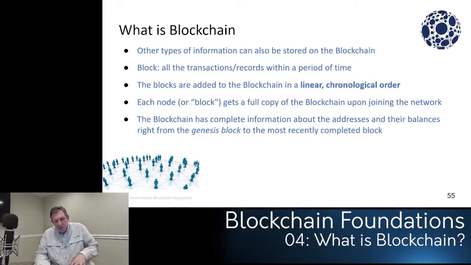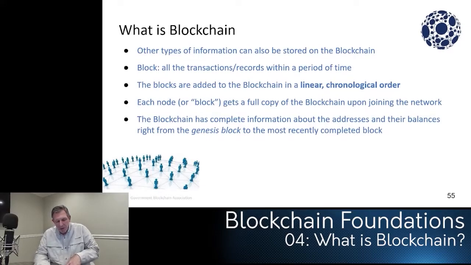In addition to the blockchain, there's something called a transaction database, which has essentially all of the, we'll call them addresses for now, and their balances going all the way back to the Genesis block. So there is a way to audit the movement of assets across the blockchain, even though you may not know specifically who the owner of those assets are.